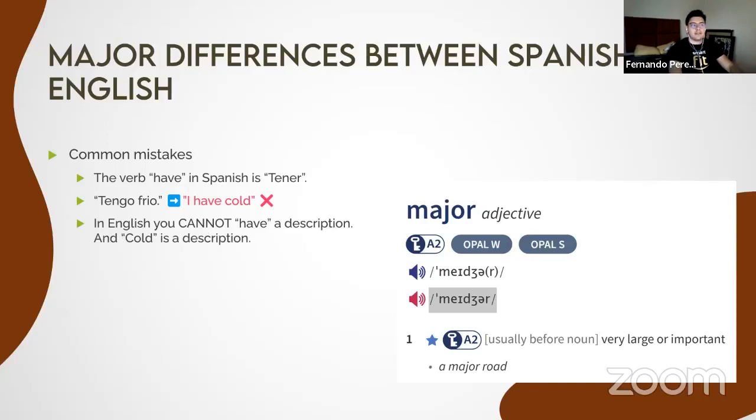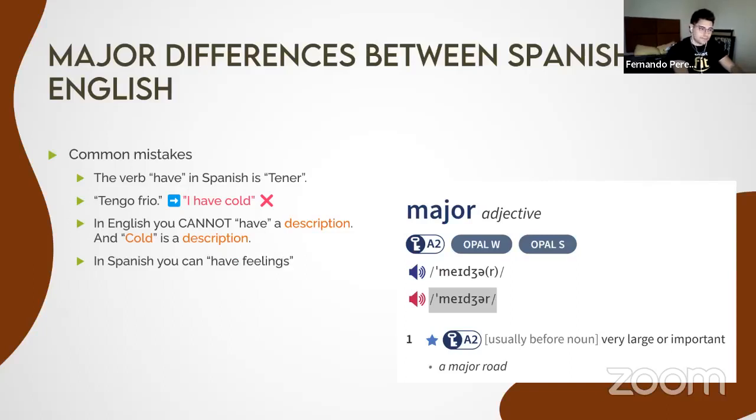What is a description? An adjective. It is used with verb to be. Exactly. Therefore, when you have the verb have, tener, and a description like a feeling, in Spanish you can have feelings.